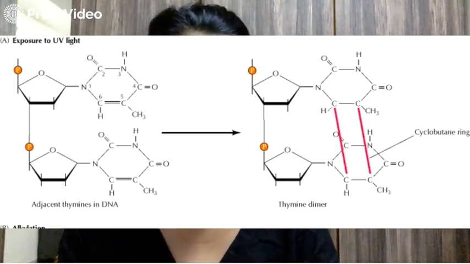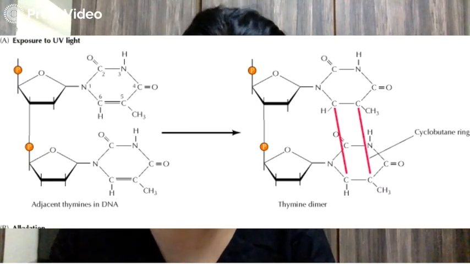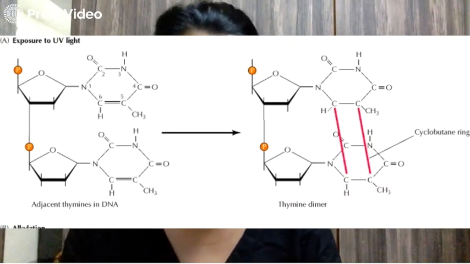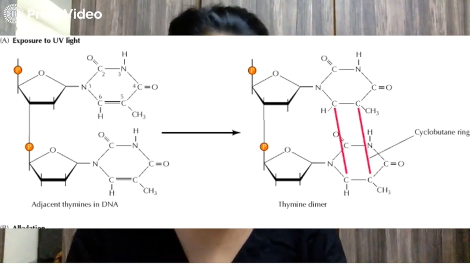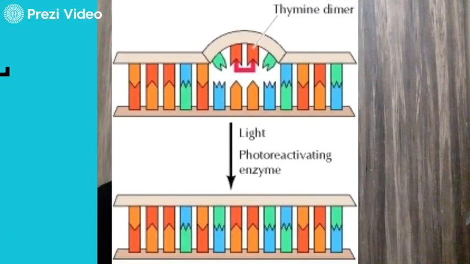Now this cyclobutane ring, formed between two thymines, has essentially impaired the two thymines from forming a natural hydrogen bond with the other strand in front of it. This might be clear with this photograph, where you can see that the two thymines have been joined together, and therefore they are not able to form a normal hydrogen linkage with the adenines in front of them in the complementary strand of DNA.